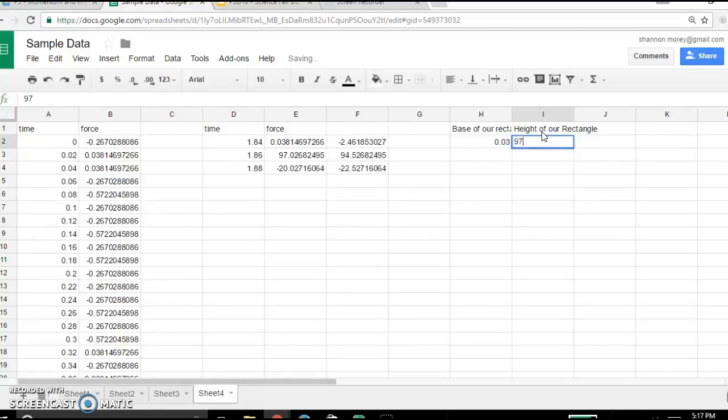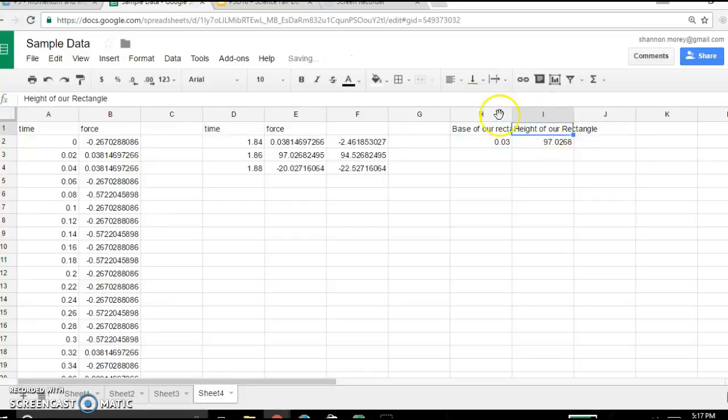Right, and that is the 97 point 68, we can round this, it's fine. Okay, so then to find the area under a curve, to find our impulse, we just take the base of our rectangle. Remember, this is really our time in seconds.